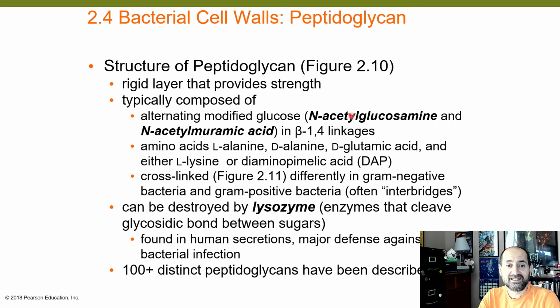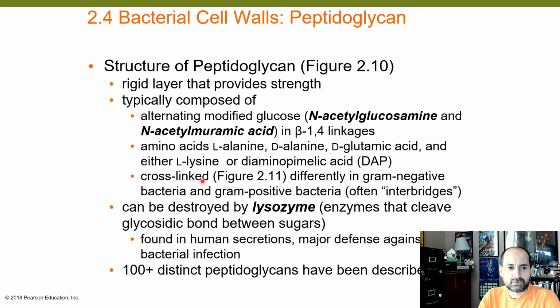And then attached to the sugars are amino acids, L-alanine, D-alanine, D-glutamic acid, and either L-lysine or diaminopimelic acid, known as DAP. Okay, so again, you have two sugars attached by beta 1,4 linkages with a small peptide comprised of these amino acids attached to that.